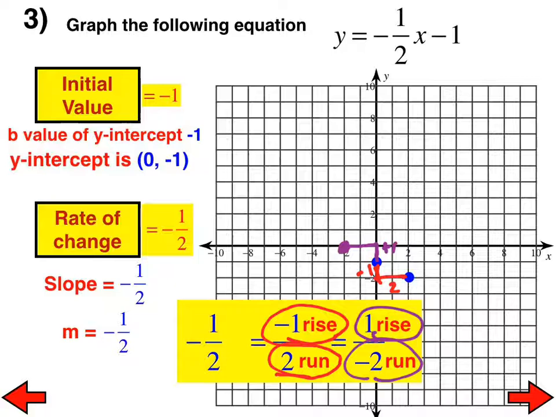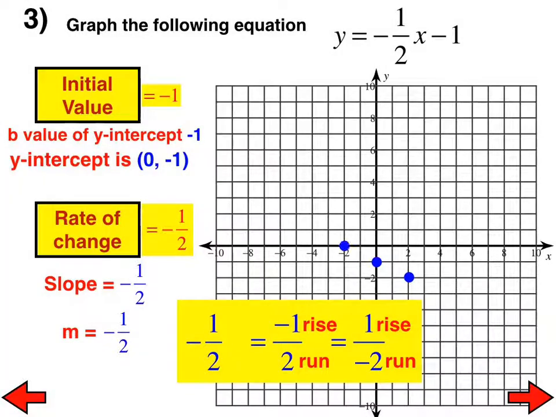Graphing a linear equation using the slope and the y-intercept, or the rate of change and the initial value, should take like 5 seconds. Because it should work like this. You should plot your y-intercept, use your slope to find one more ordered pair, either one of those, and then draw your line through. That's how fast graphing should happen.